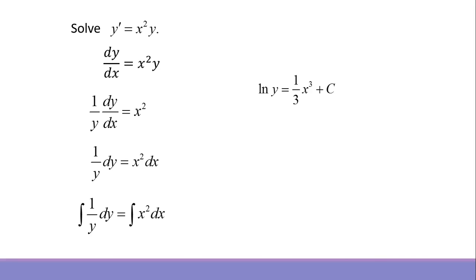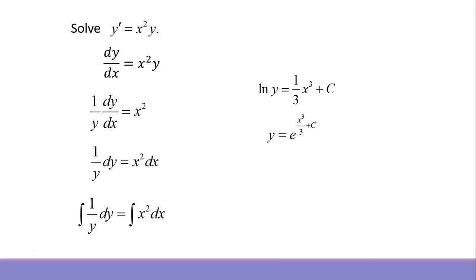And we'll have the natural log of y equals 1/3 x cubed plus c. Now remember, we want to figure out a value for y, not the natural log of y. So we have to use our properties of logs to rewrite our natural log equation as an exponential equation. So that means y equals e raised to the power of x cubed over 3 plus c.